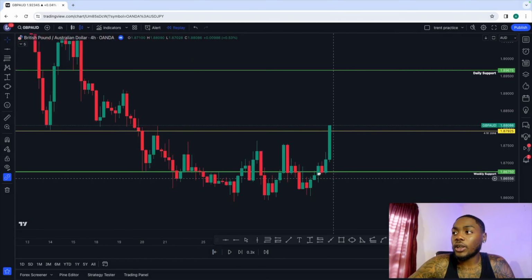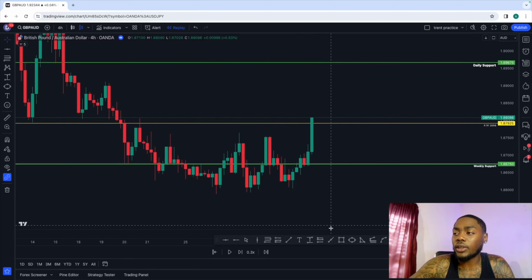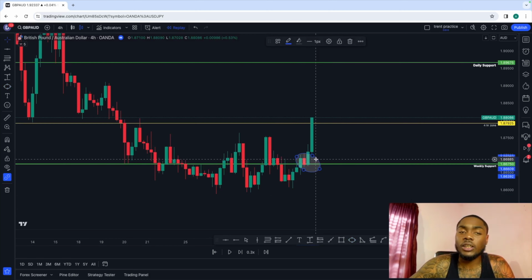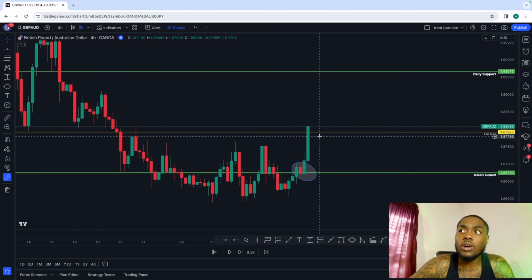If I got into an entry here and I'm currently in an uptrend, obviously if I'm in an uptrend, I'm looking for buys because I want to go along with the trend. Trend is your friend. I will potentially look to take some profit here and possibly wait on a breakout or even a retest to then get back in for another buy to go up to the next level.